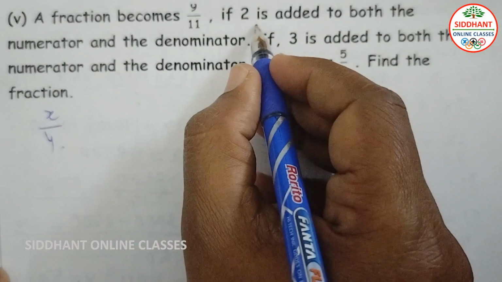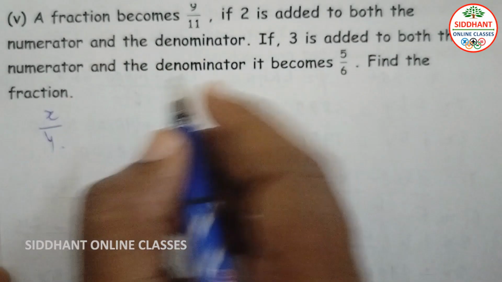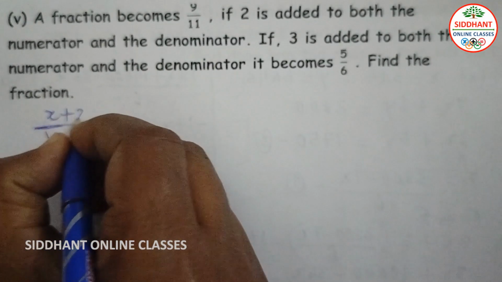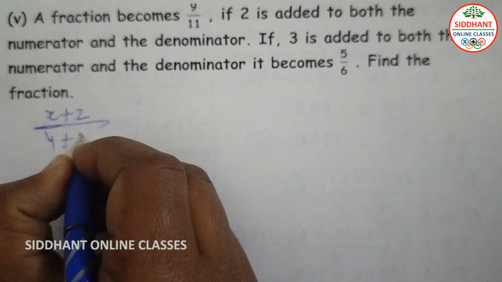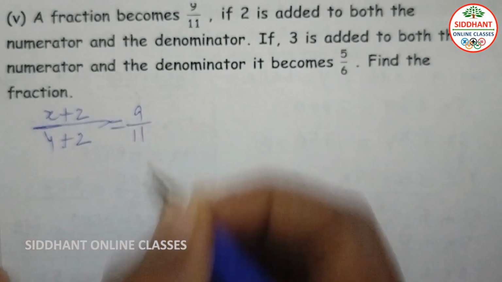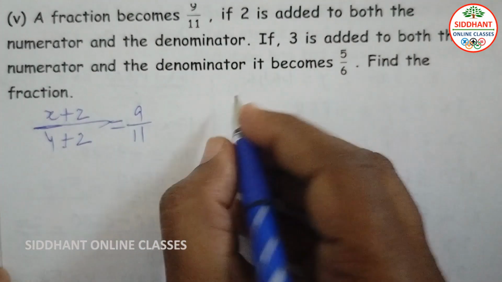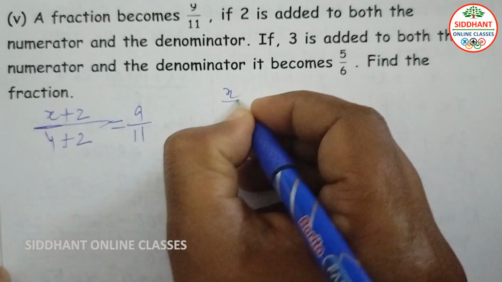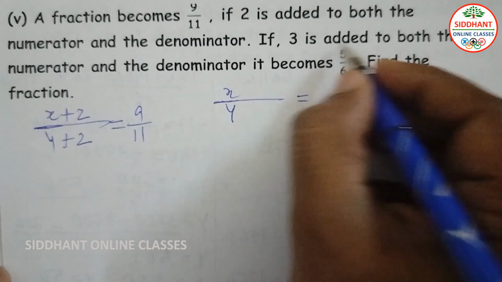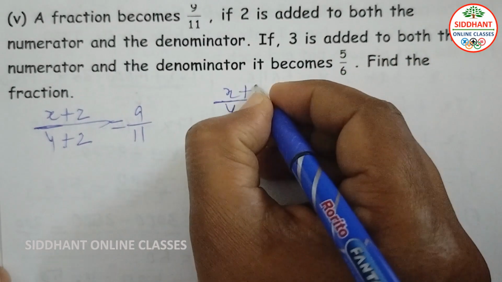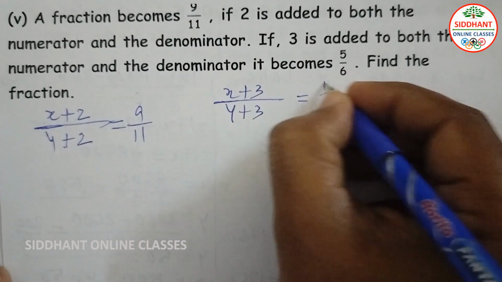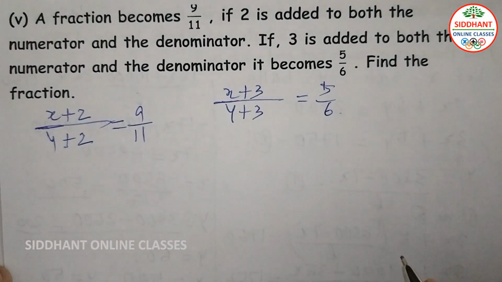If 2 is added to numerator and denominator, that means numerator x, we add 2 here, and to the denominator we add 2, then the fraction will become 9 by 11 here. And next, if 3 is added to numerator and denominator, the fraction will become 5 by 6 here.